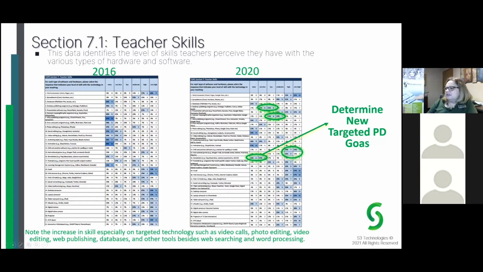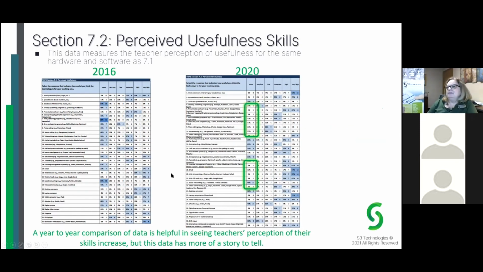These are other areas that we've seen some growth from 2016. And to go along with this, these are the same apps and technology as you saw in the last, but this is the perceived usefulness. So you have skill, and then you have how important do I think it is to the students' learning.